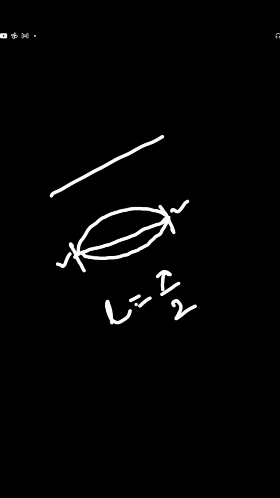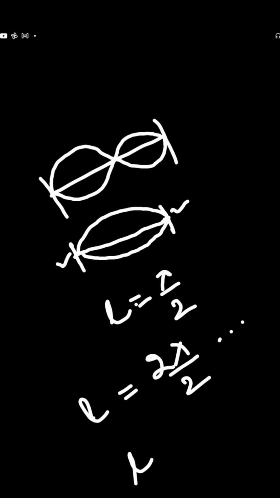For the first overtone, the standing wave will form like this, and L will be equal to 2 lambda by 2, and so on. Then L is equal to N lambda by 2.